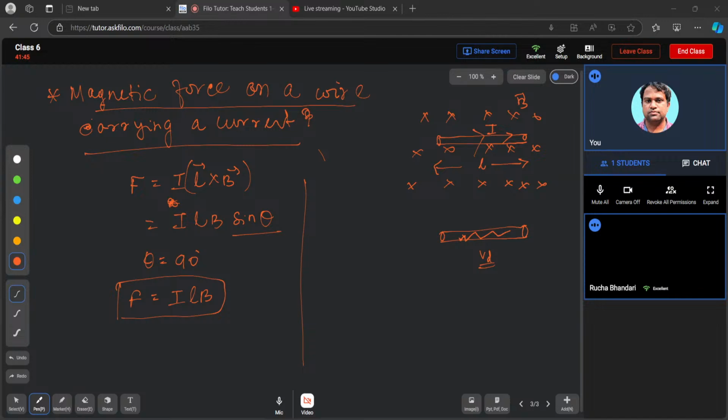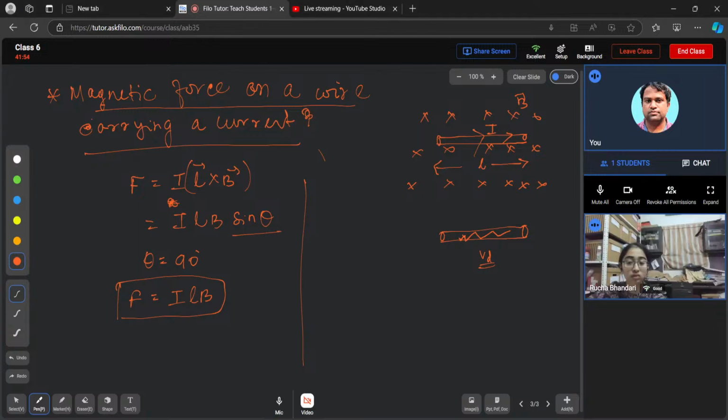Now we can write how the formula comes up. In this conductor, the electrons are flowing with a drift velocity. We know from Lorentz force, what is Lorentz force? F is Q, E cross B. This is the fundamental force actually. So from here, this force is derived.